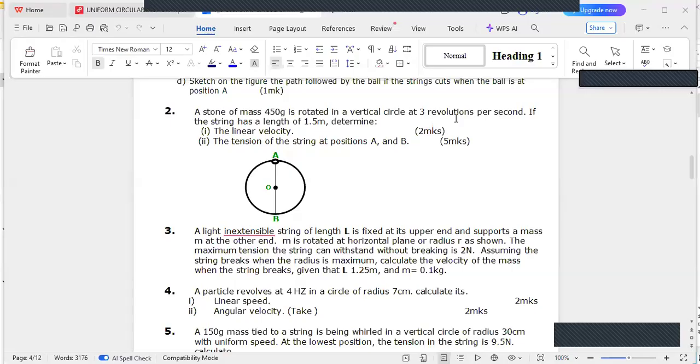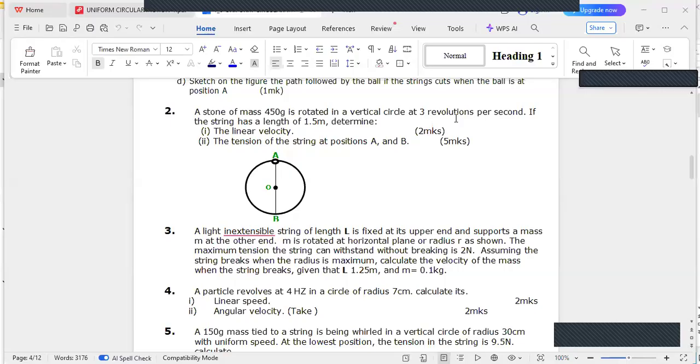Then we say the same omega equals V over R, or V equals omega R. So 18.85 times radius 1.5 gives us 28.27 meters per second.